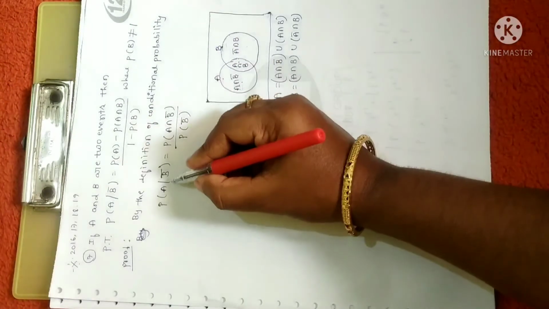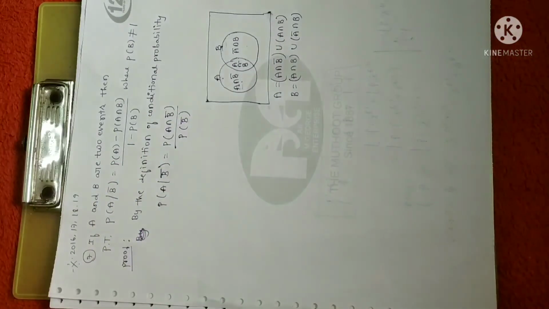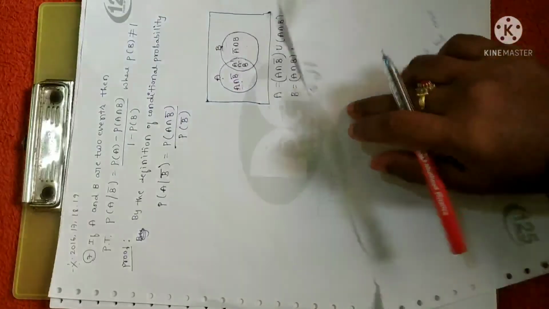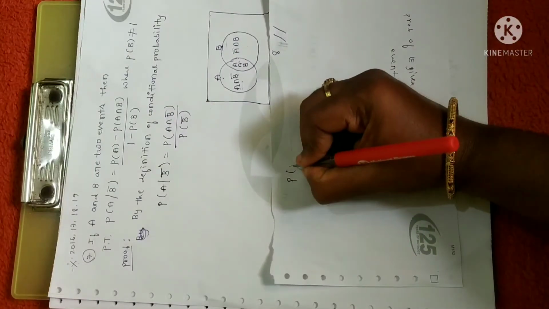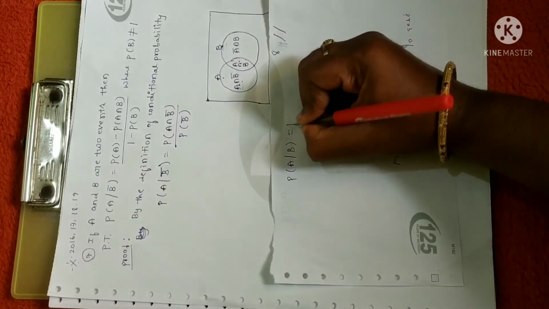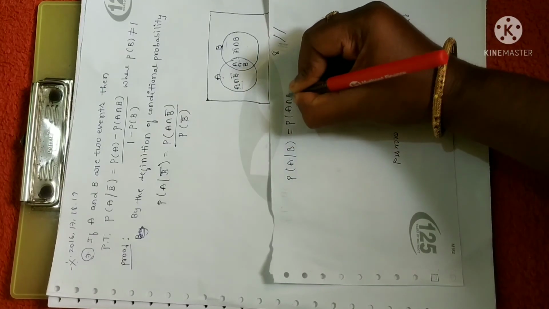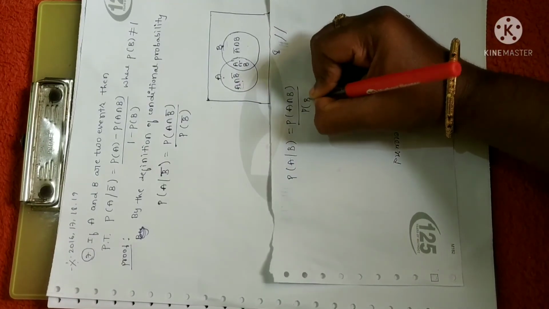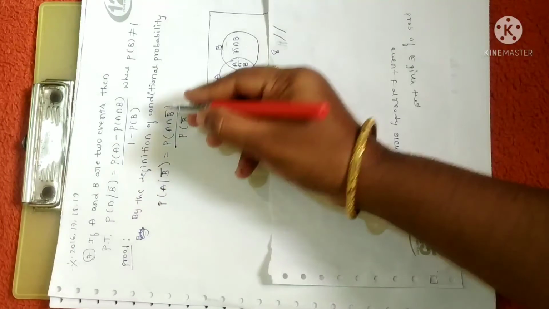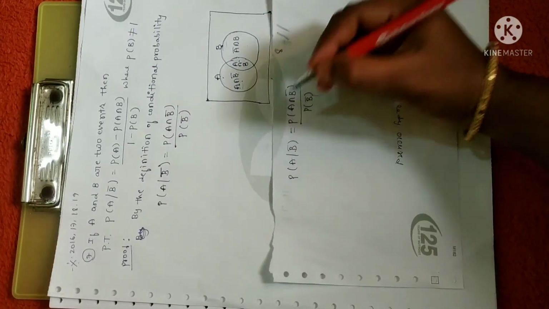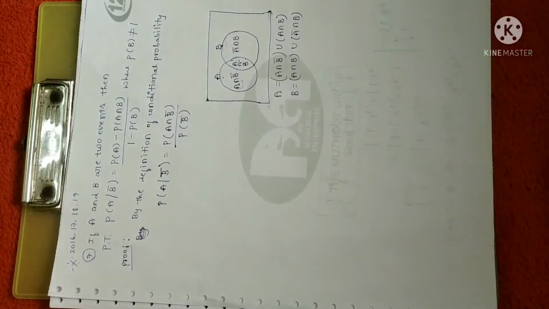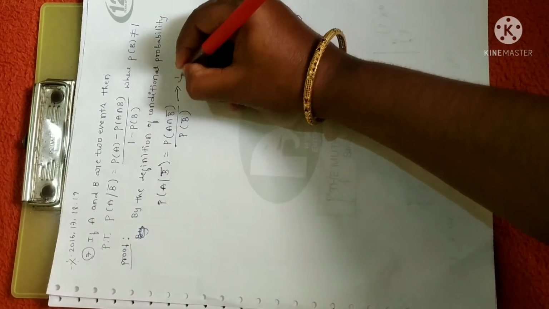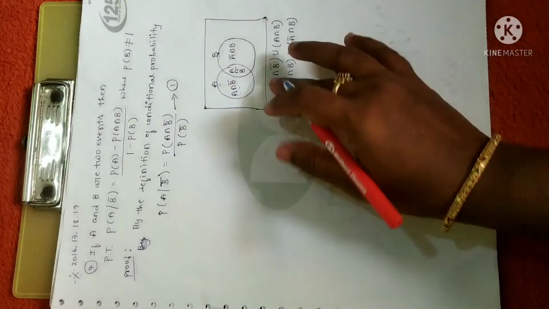So this is from the definition of conditional probability. What is the formula for conditional probability? P of A by B is equal to P of A intersection B divided by P of B. In place of B we have B bar, so that is why I have written B bar in place of B. So I have considered the conditional probability definition. Let us consider this as equation 1.